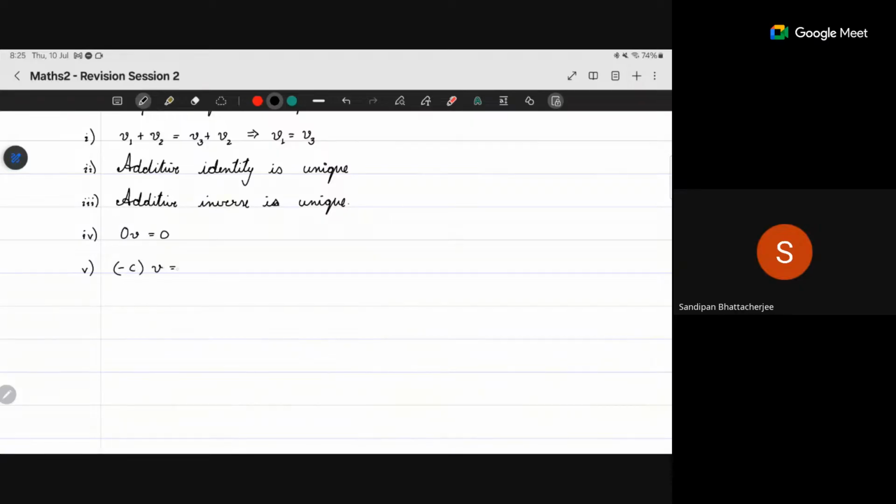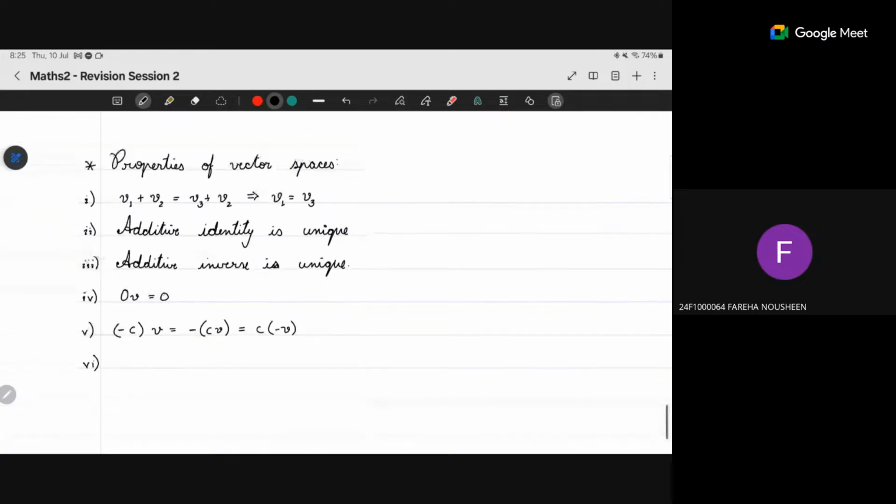Minus c, the real number minus c, when scalar multiplied with the vector v is the same as the additive inverse of the vector cv, which is the same as c times the additive inverse of v. Sir, unique here as in what?